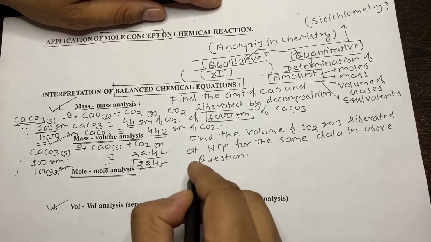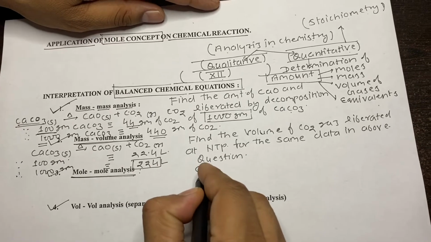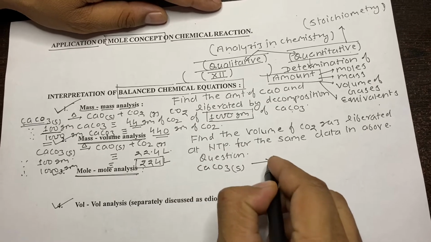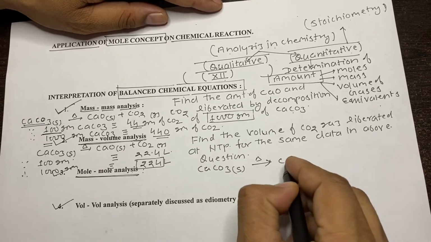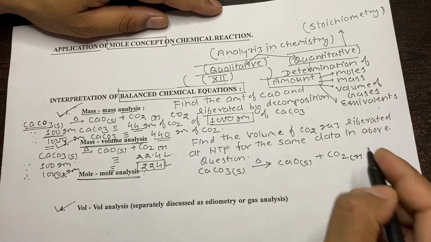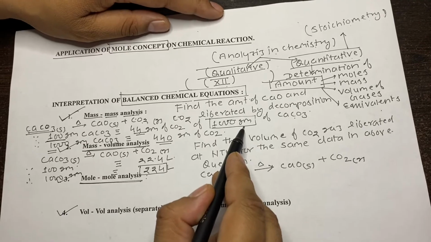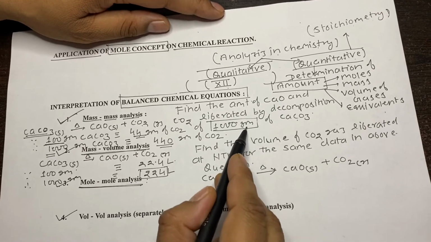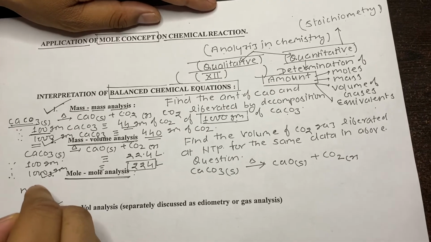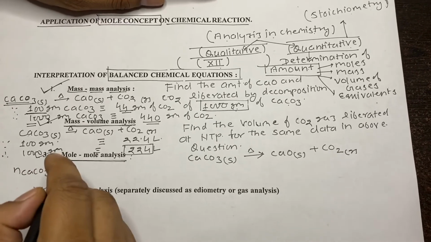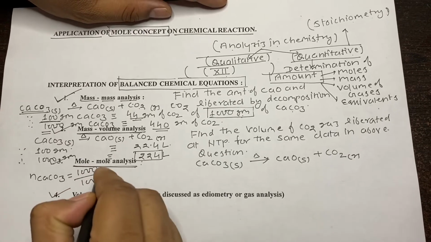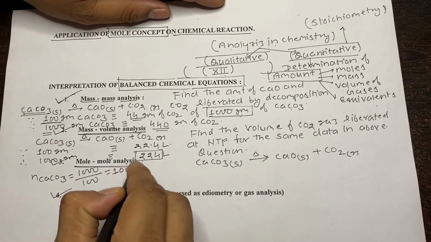Simply, for the same question, CaCO3 on decomposition gives CaO and CO2(g). As 1000 gram of calcium carbonate is given, first we will find the moles of calcium carbonate, which will be 1000 by 100, equal to 10 moles.